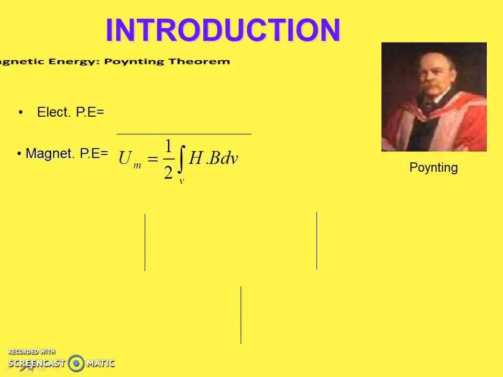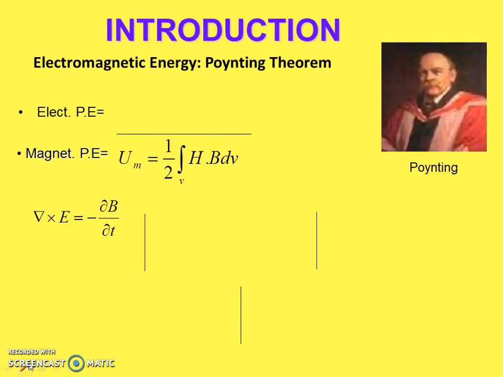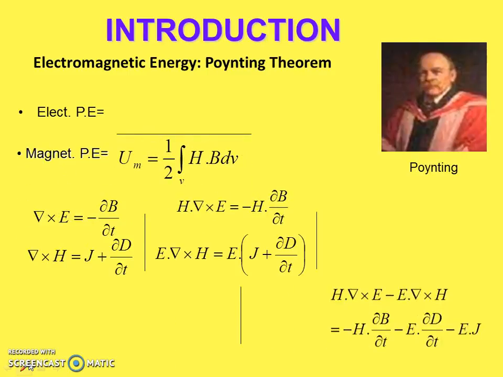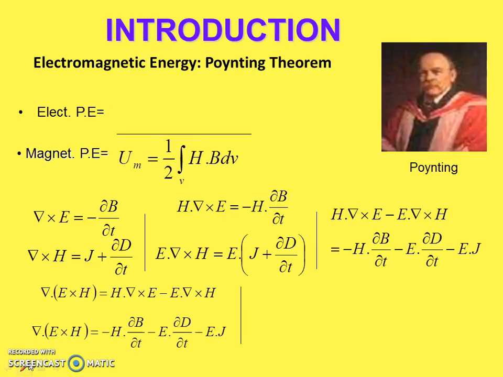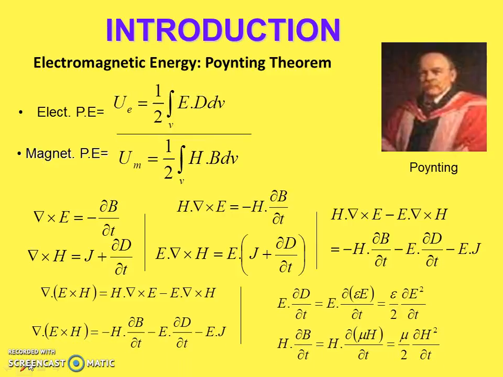Now, in this theory, the total electromagnetic energy, which is given by the Poynting theorem, contains two types of energy. One is electric potential energy, the second is magnetic potential energy. Electric potential energy is defined as UE, and it is half of the integration over the volume of E dot D dV.